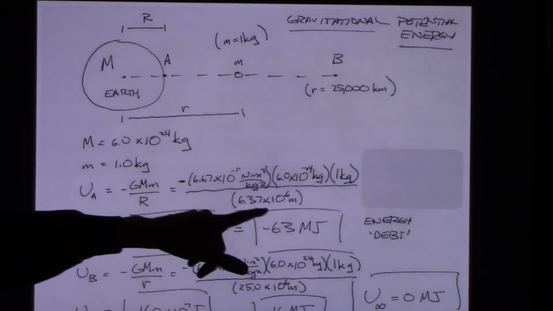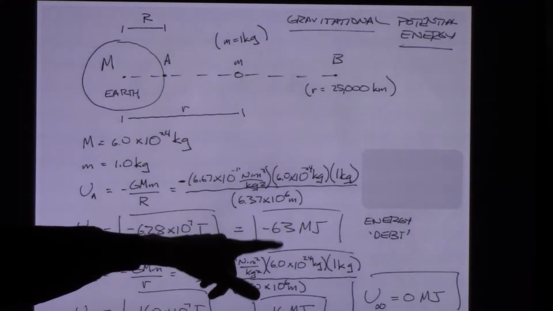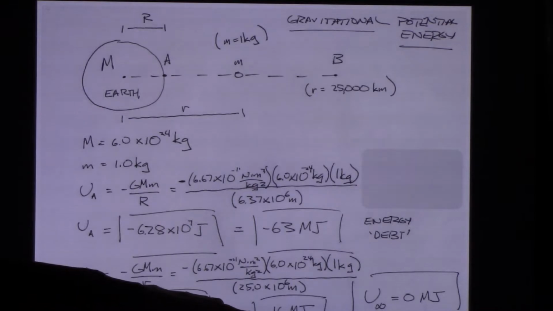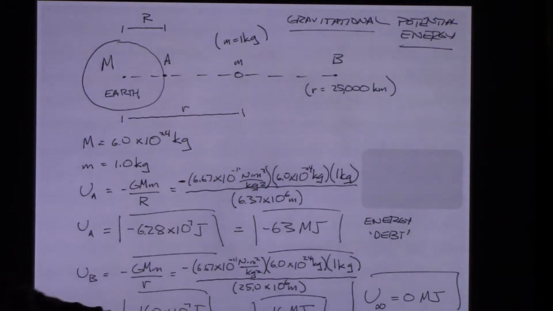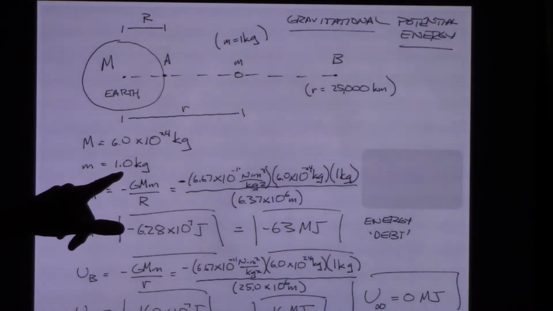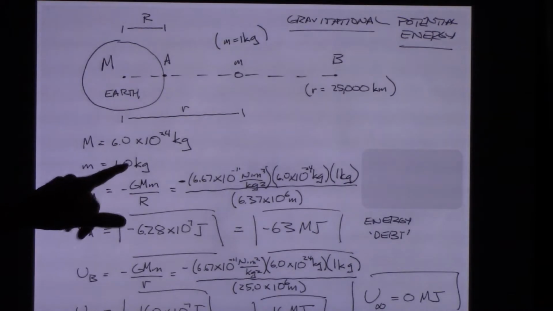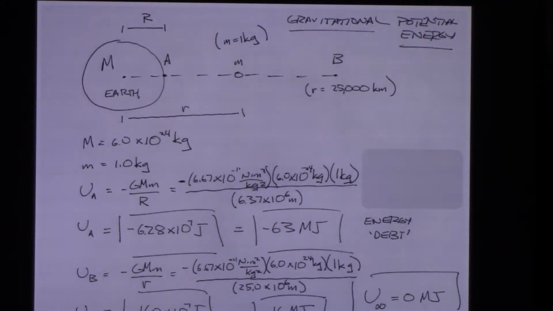So I really wouldn't need this 63 million joules. I just have to have enough to go from being in debt 63 million joules to being in debt 16 million joules. That sounds like 47 million joules. So I just need 47 million joules of work in my rocket available for every kilogram of spacecraft that I want to launch out to point B.